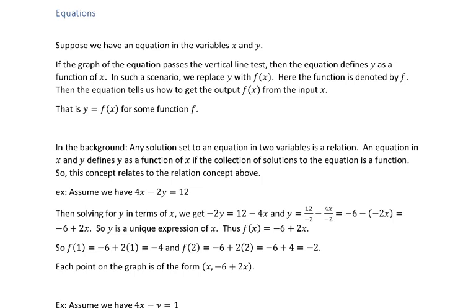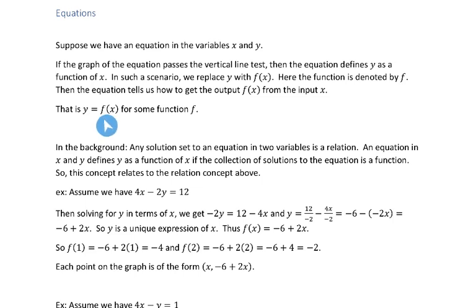If it does, then you have a function. Specifically, you have y equals f of x, as over here, where f is that function. So again, let me say that again. If you have an equation in the two variables x and y, and you sketch its graph and the graph passes the vertical line test, then you have a function. You have y as a function of x.